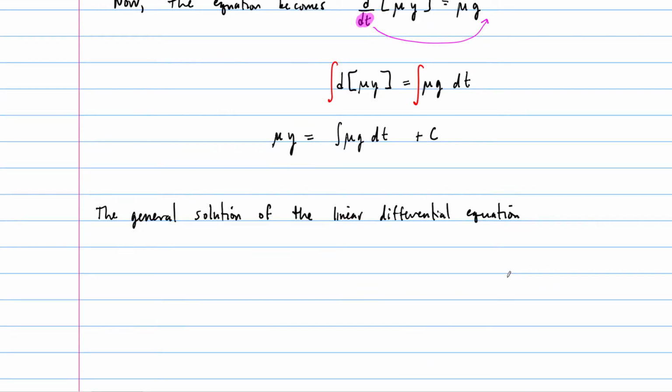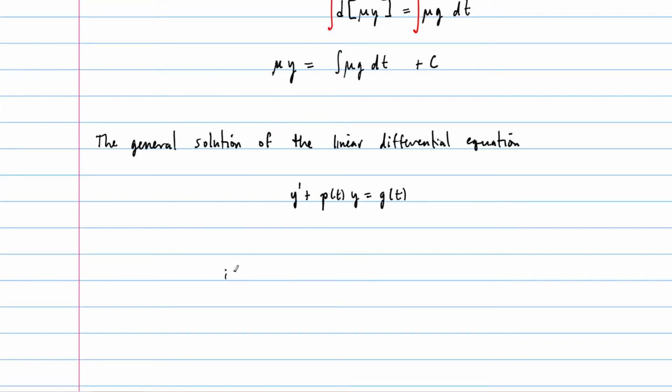The equation was given to us as y prime plus p of t times y equals g of t. So the general solution is that y of t is equal to 1 over mu of t times the integral of mu of t times g of t dt, plus a constant over mu of t.